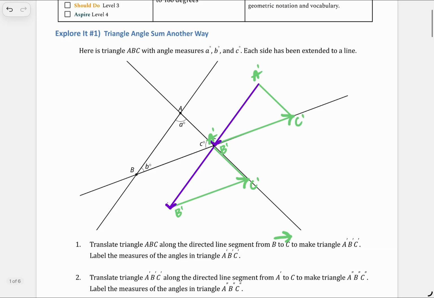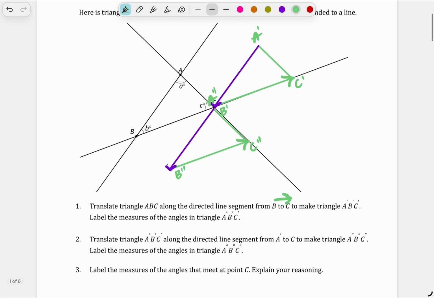And we're gonna label it double prime: A double prime, B double prime, C double prime. Okay. And label the measures of the angles that meet at point C.